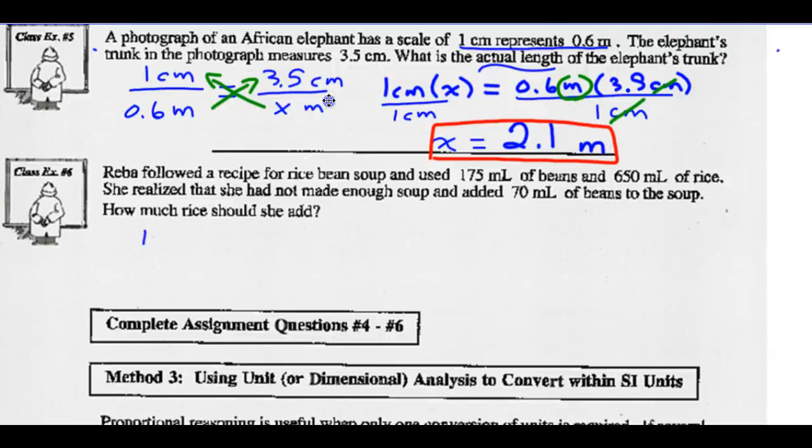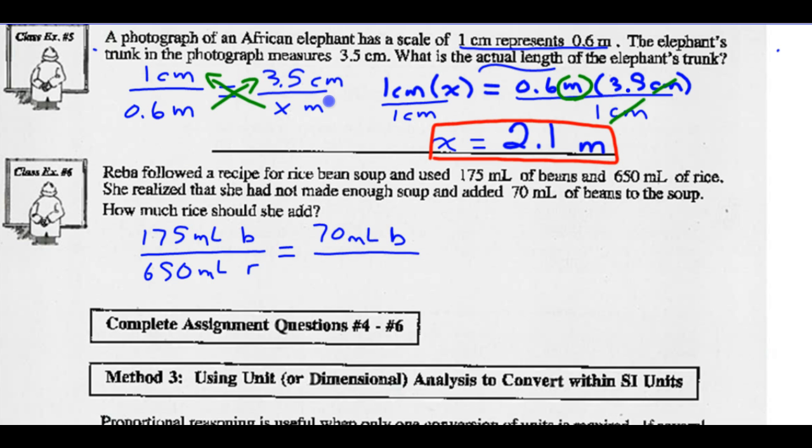So we're given a situation where we've got 175 milliliters of beans and 650 milliliters of rice. Well, she added another 70 milliliters of beans. How many milliliters of rice should she add?